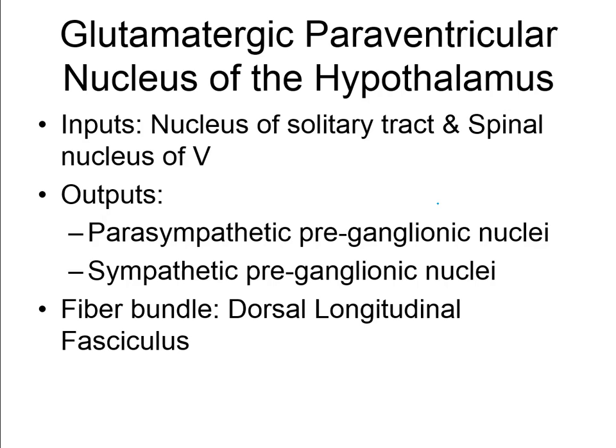Let's remember 5. 5 has how many parts? 3. So they are in which way? We can think about the 3 divisions, V1, V2, and V3. Which of those project into the spinal nucleus of 5? All of them. But then we've got our distinct modalities.